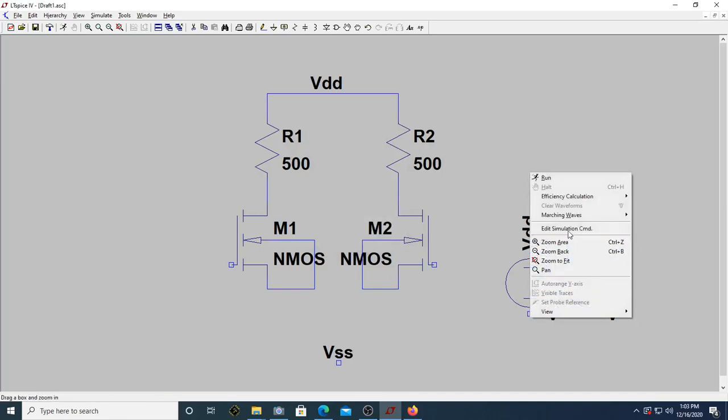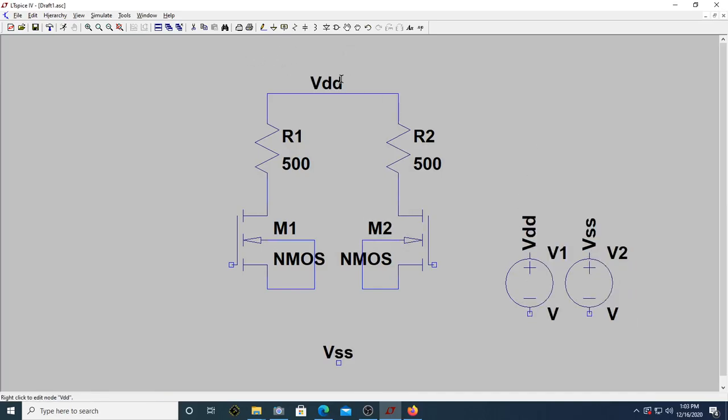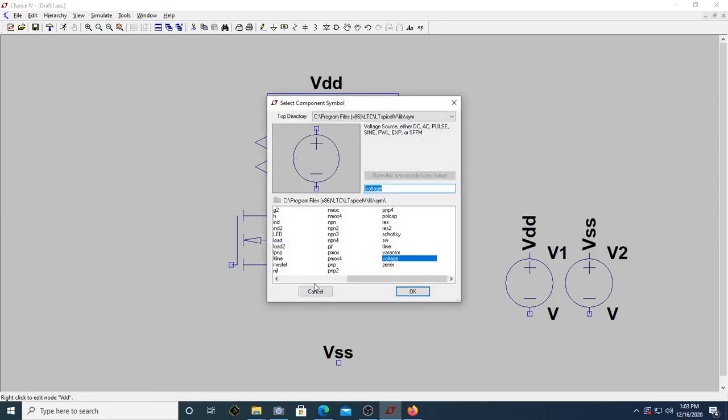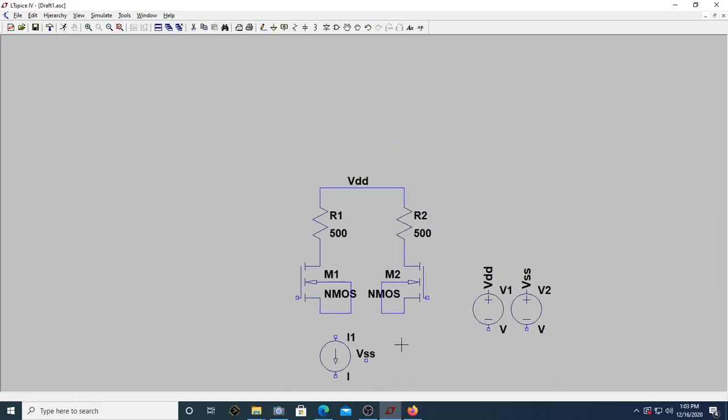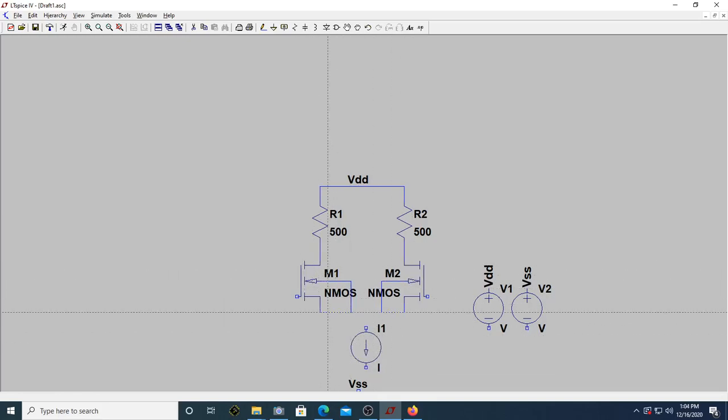Let me have a tail current source. So this is my current source with a magnitude of some value. Let me just put it here. This is my current source. Let me construct the circuit now.